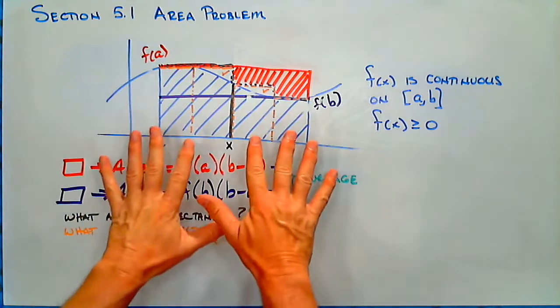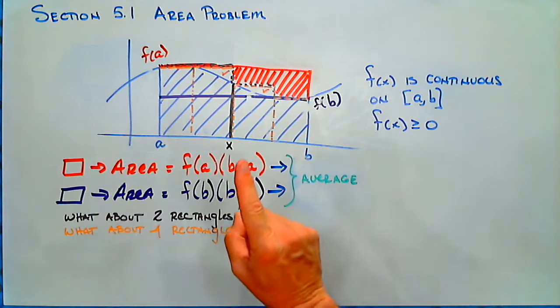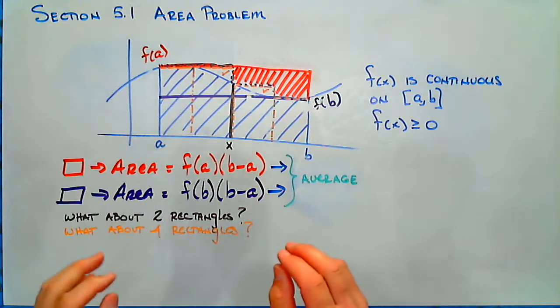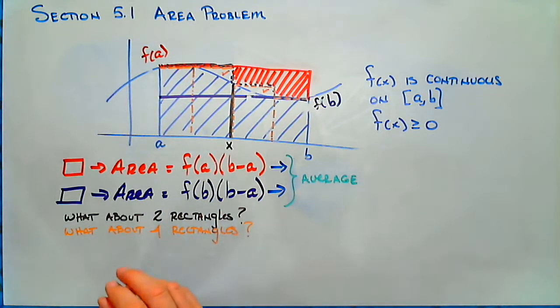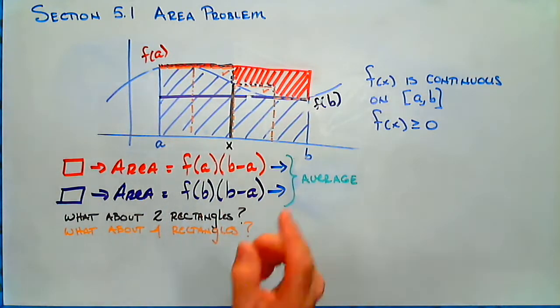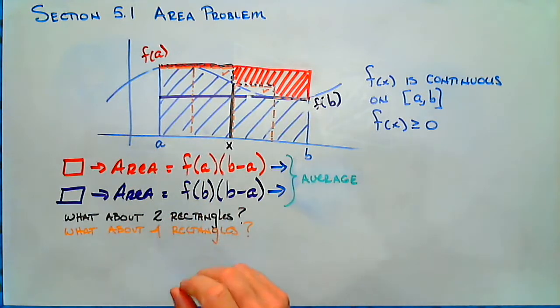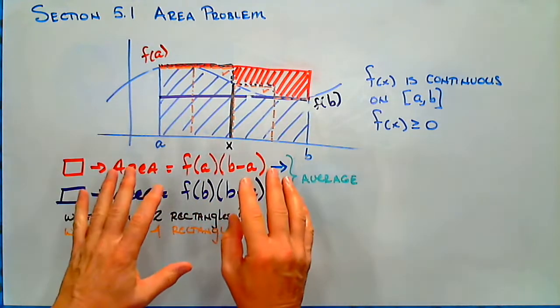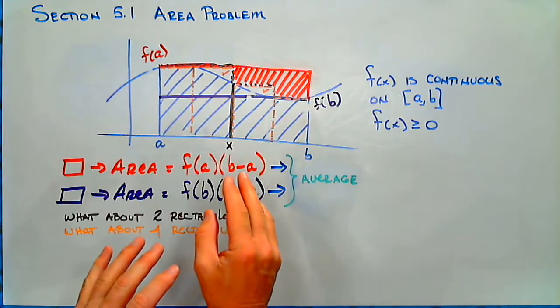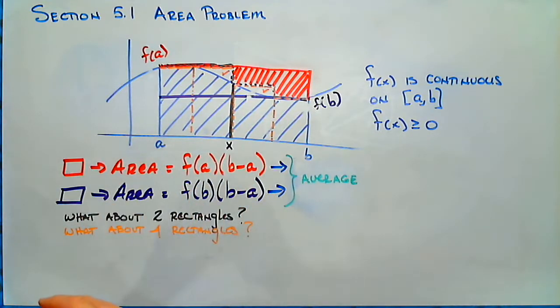We're going to start here with the idea that one rectangle gave me an approximation, but it was too big. 2 rectangles gave me an approximation, also too big, but better than 1 rectangle. 4 rectangles, also too big, but better than 1 rectangle and better than 2 rectangles.